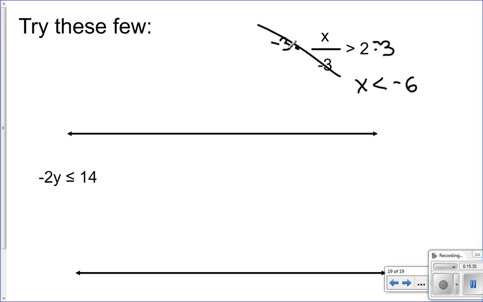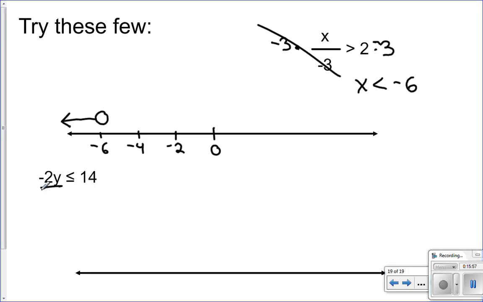Notice I flipped the sign when I multiplied by a negative. So here's 0, negative 2, negative 4, negative 6. X is less than negative 6, so it's an open circle, and everything less than it.